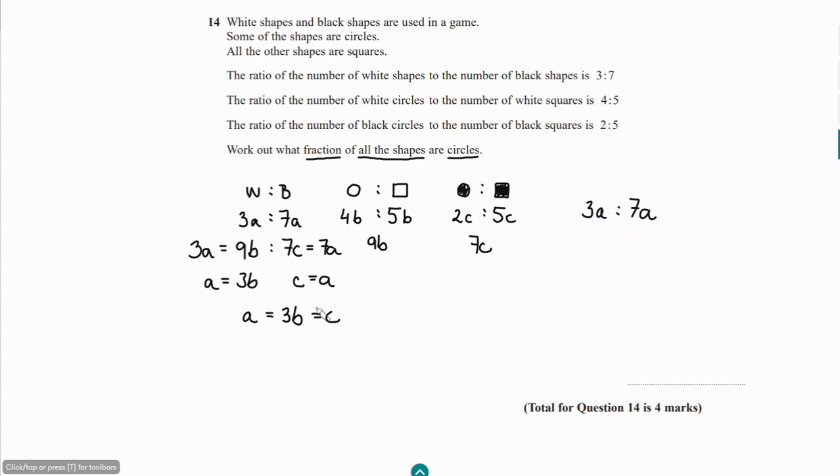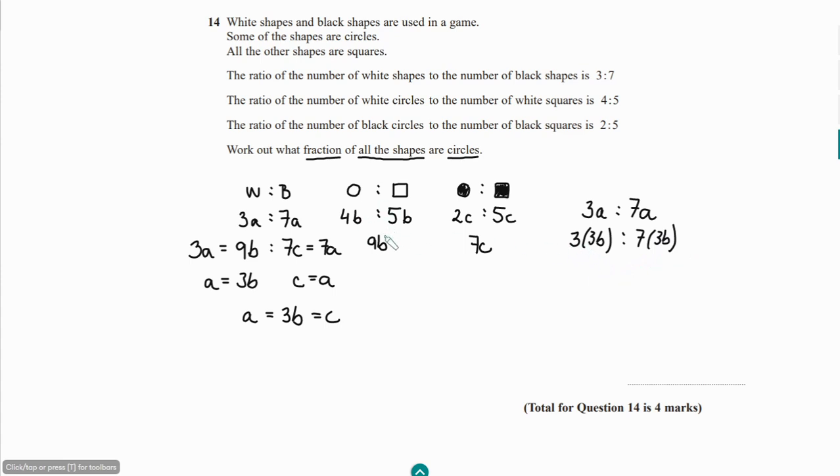So 3 times 3b, and 7 times 3b, just to express it in a slightly different way.